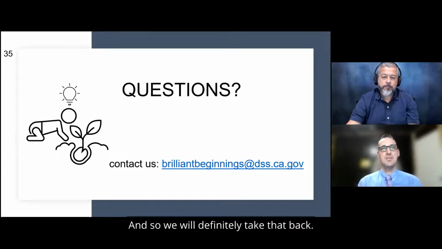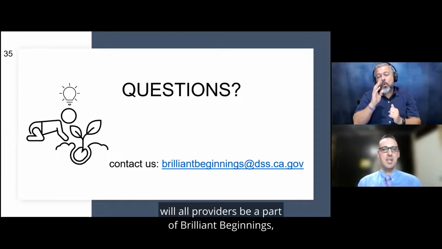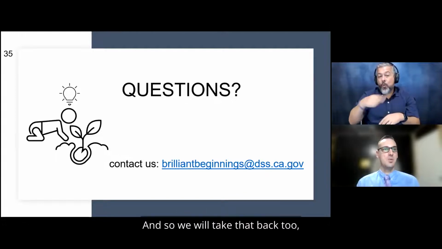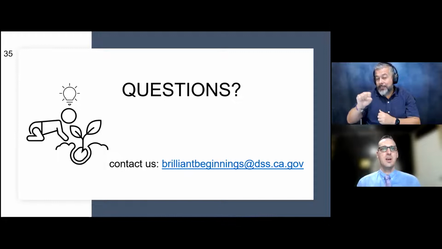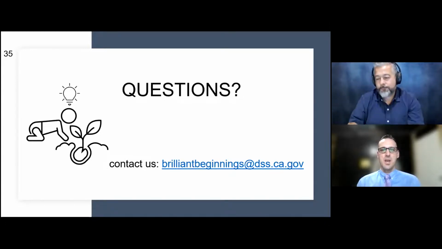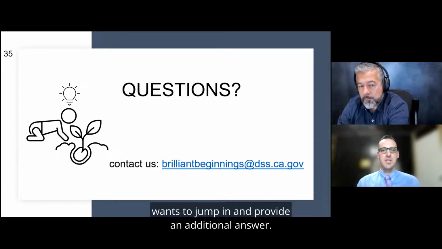And so we will definitely take that back. And then also with the second question about will all providers be a part of Brilliant Beginnings or just those who have subsidies, we will take that into consideration. I will see if anybody else on the team wants to jump in and provide an additional answer.